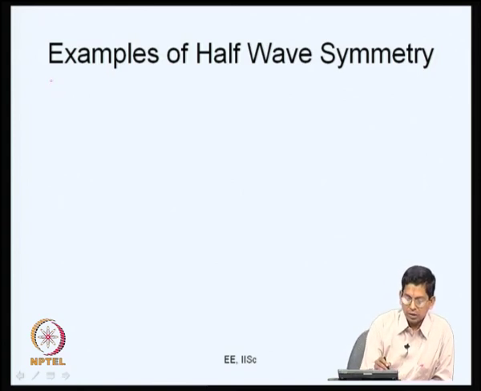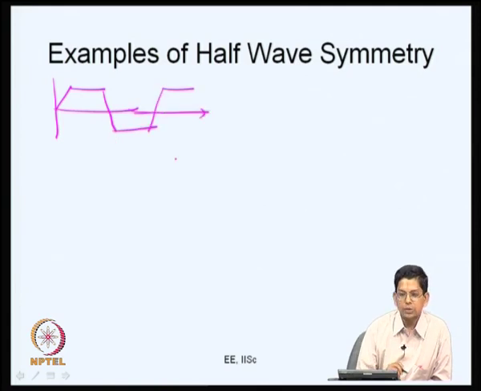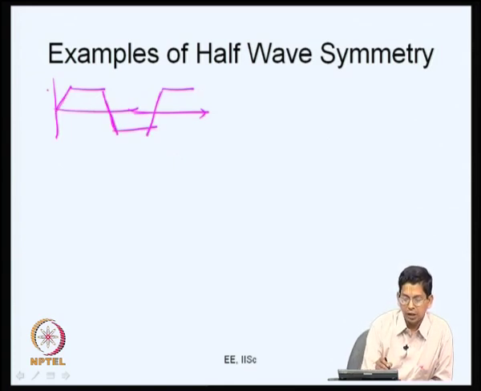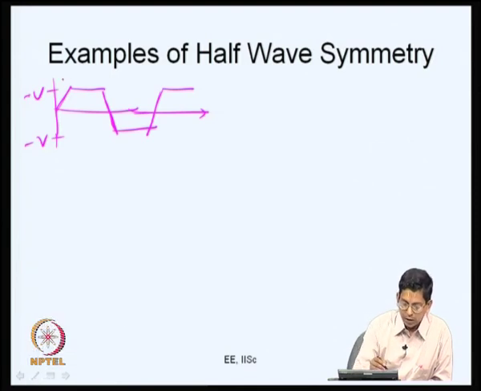Certain other examples that you can think of, I am just giving some arbitrary examples, let us say a trapezoidal wave. This waveform also has half wave symmetry. The slopes are actually equal, it is some plus V and some minus V here, though there are certain drawing inaccuracies. Whatever is the value at theta, the waveform has the negative at 180 plus theta.